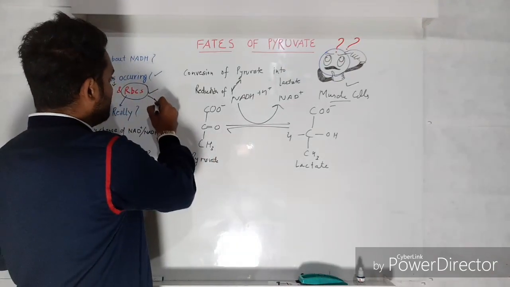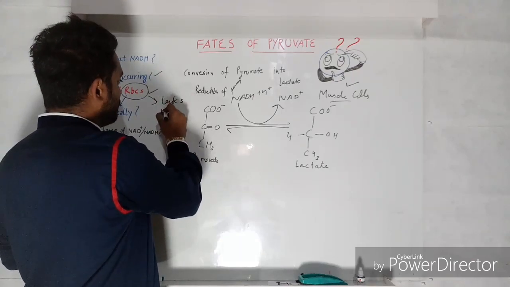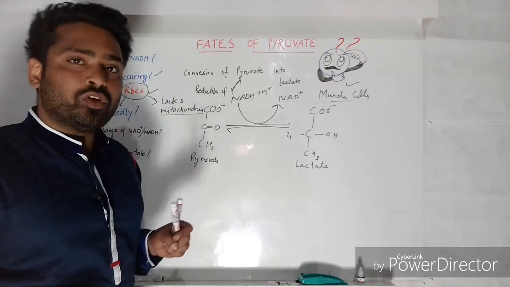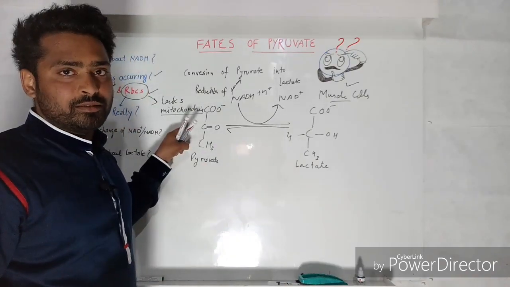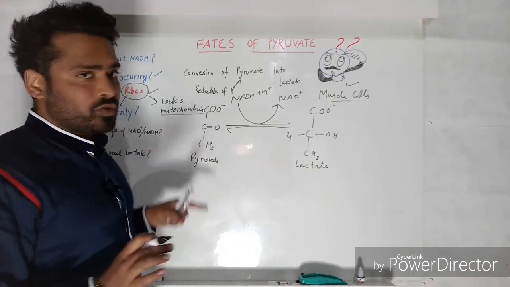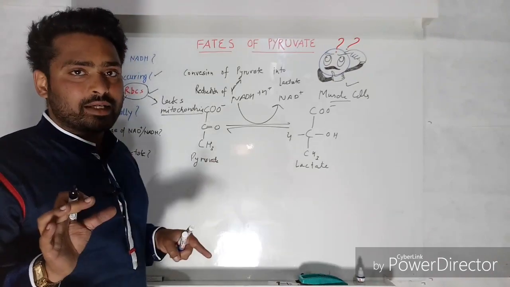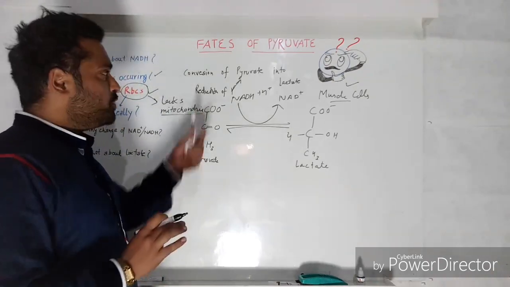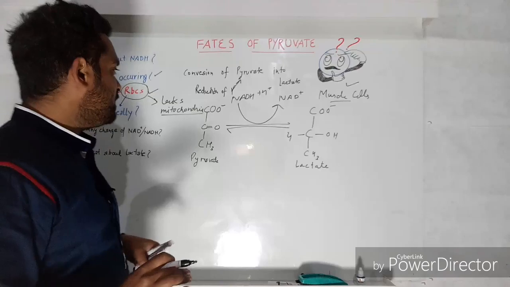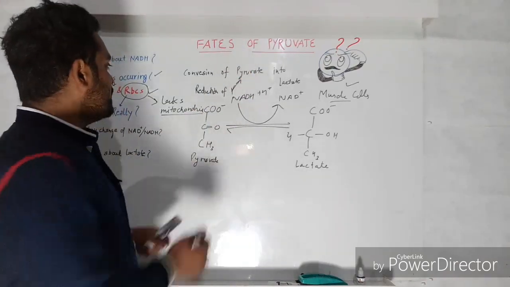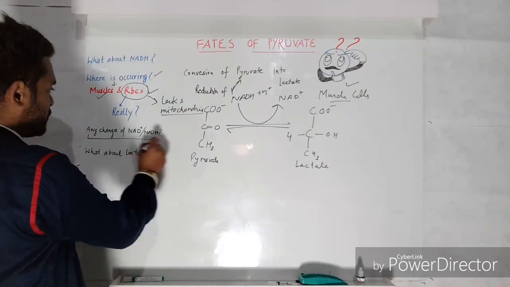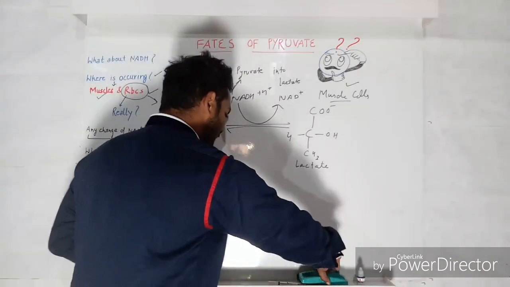Because they lack mitochondria, and we know the site for the TCA cycle is mitochondria. Even if they contain oxygen, they do not show this reaction because they lack mitochondria. So we are not going to enter this pyruvate into the TCA cycle, or convert this pyruvate into acetyl CoA.